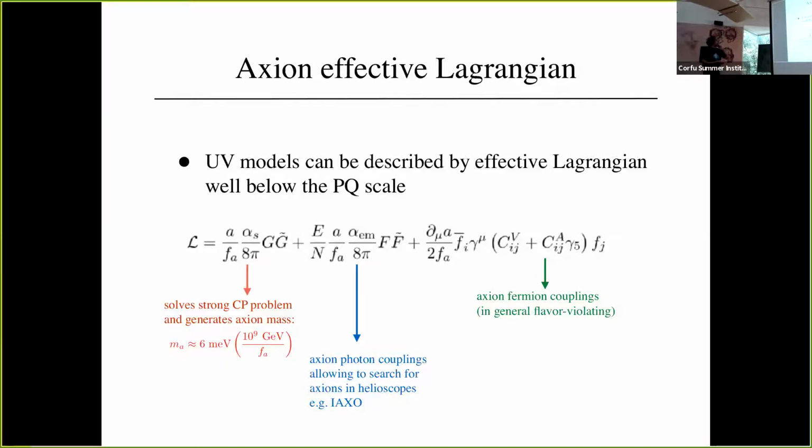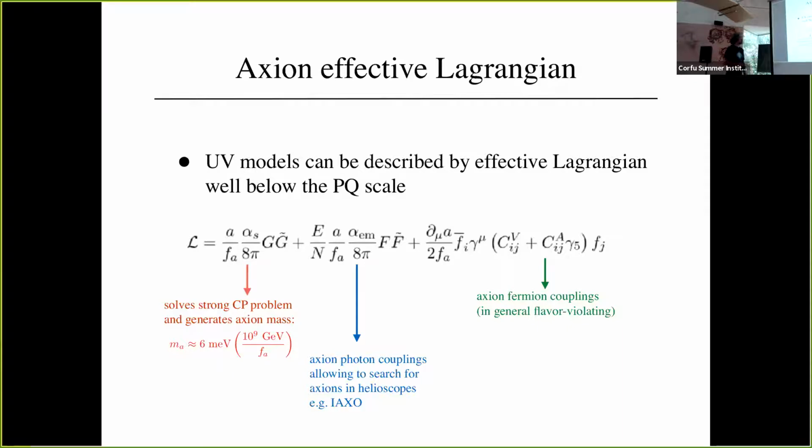The second term comes from the electromagnetic anomaly, and it's responsible for axion-photon couplings. And this is a model-dependent part, and allows searching for axions, for example, in helioscopes, which is a very promising place to look for axions because of the planned IAXO helioscope, which will improve significantly the couplings of axions to photons.